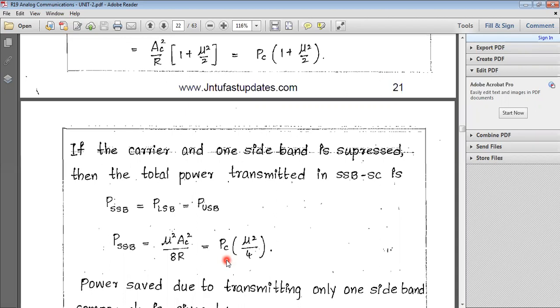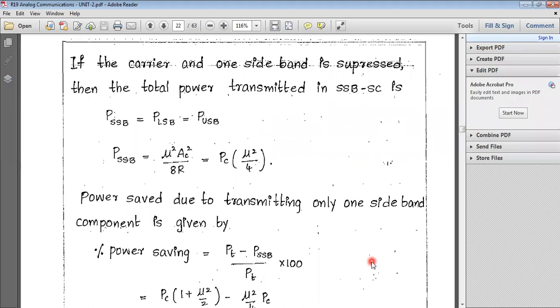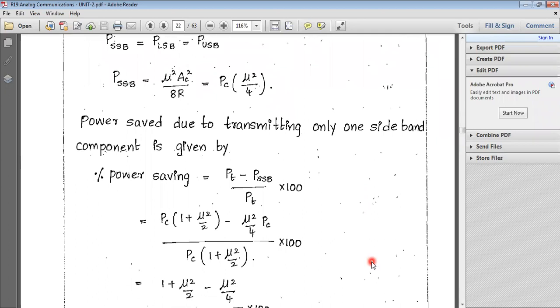Here we calculate the power required for normal AM and the power required for SSB. From these two parameters, we can calculate the power saved due to transmitting only one sideband component. How do we calculate the percentage of power saving? It equals PT minus PSSB by PT. What is meant by PT?